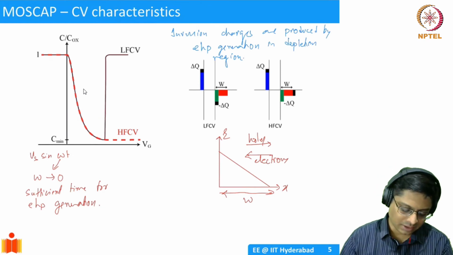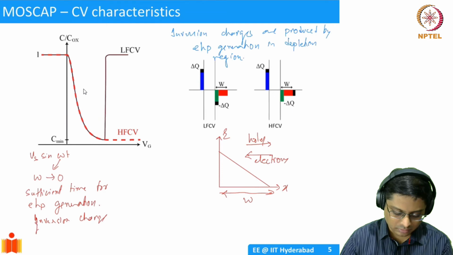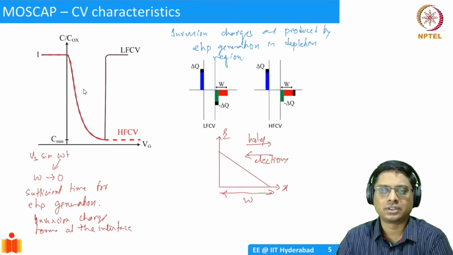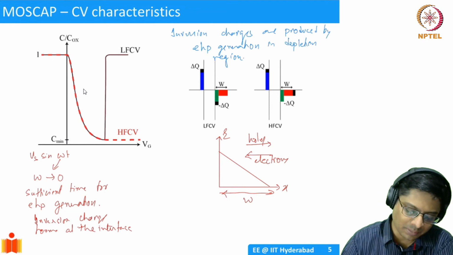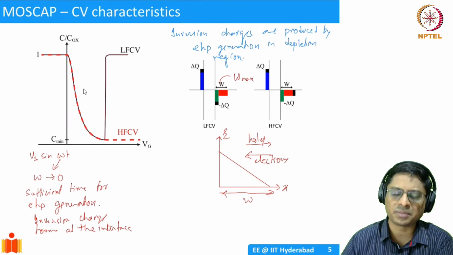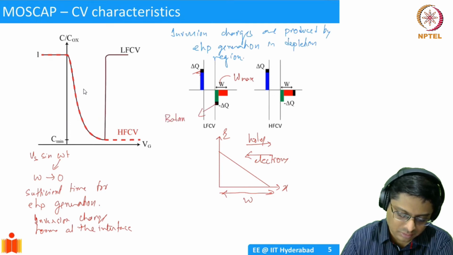Inversion charge forms at the interface, right? So if the DC bias is such that you have this W here, which is the depletion width, and effectively this will be W max, the maximum depletion width possible, and then you add a plus delta Q here. So the balancing charge is at the interface.